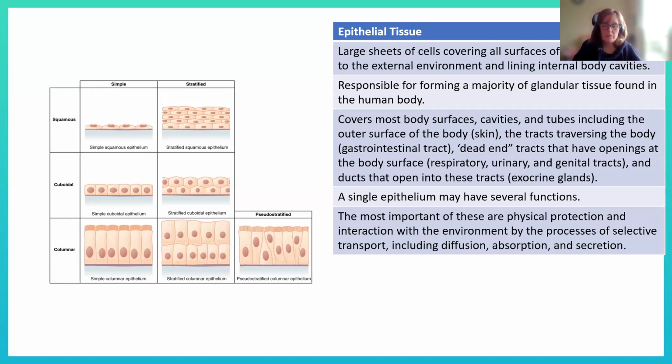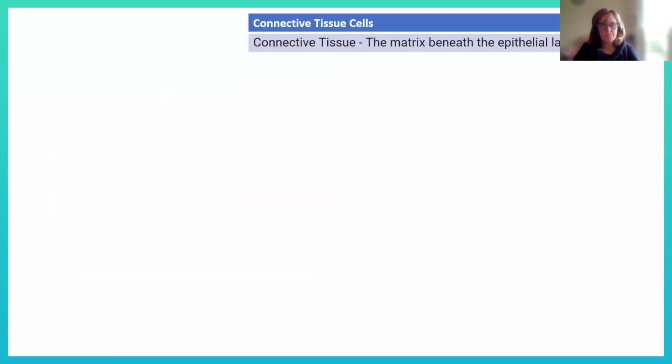So it's really important. If it's an exchange surface, you've got to have a mechanism for exchanging, getting the oxygen in, getting the carbon dioxide out. So things like diffusion, selective transport. In the gut, we want to be taking in nutrients. We don't want to be taking in pathogens. Absorption and secretion, things like that. So they will have very specialist roles.